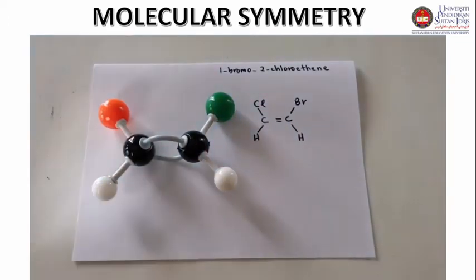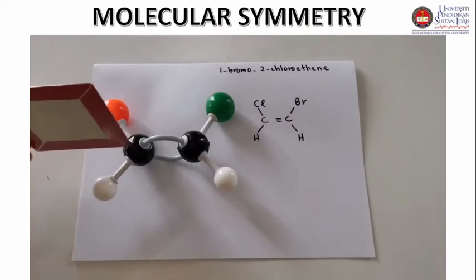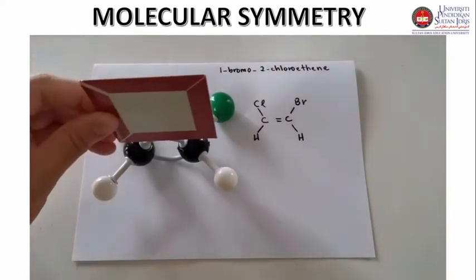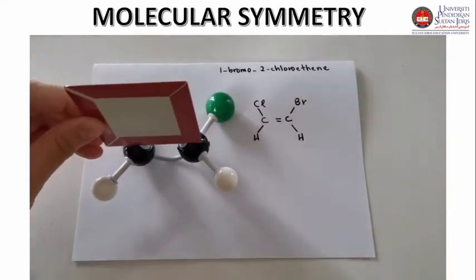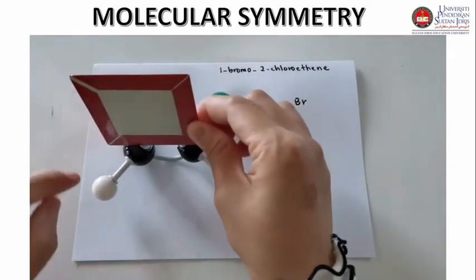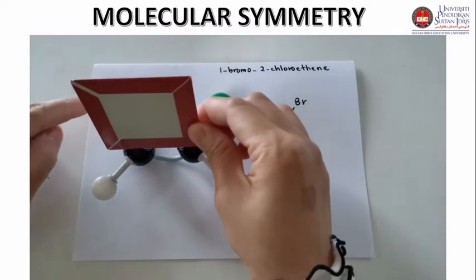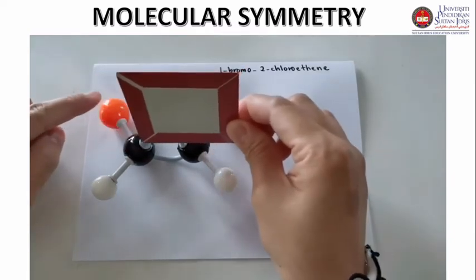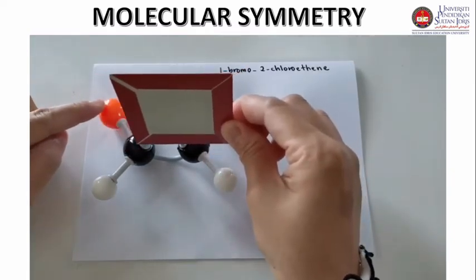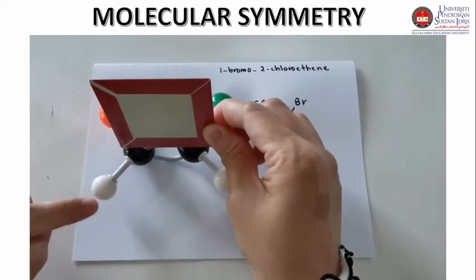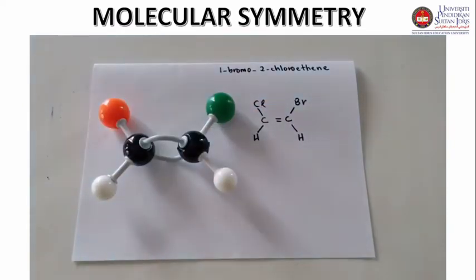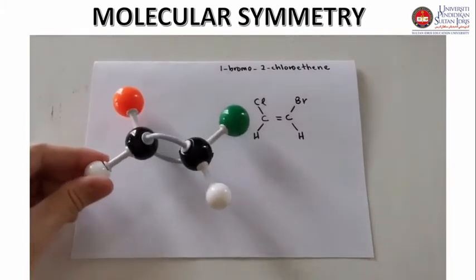Now we check another plane, the sigma v plane. If we pass through this axis, we cannot get an equivalent configuration, because this hydrogen atom after the reflection appears as a chlorine atom, and the chlorine atom after the reflection appears as a hydrogen atom. So the sigma v plane does not exist.